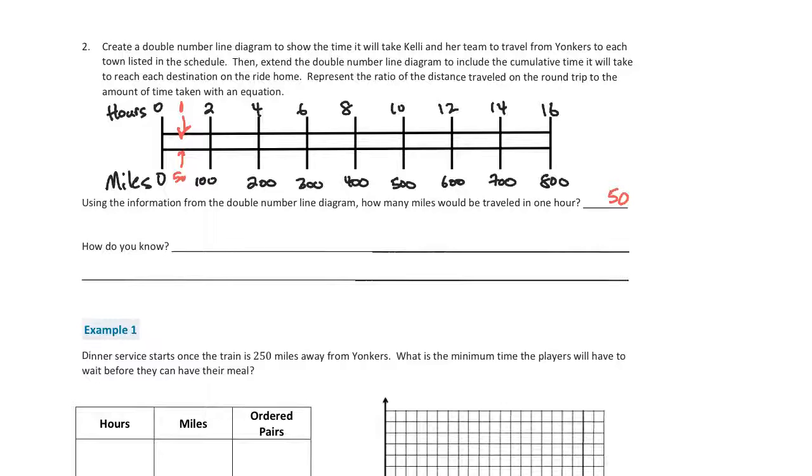And how do you know? We divided our time section in half, which marks half the distance. And that's kind of what we did with the double line graph.